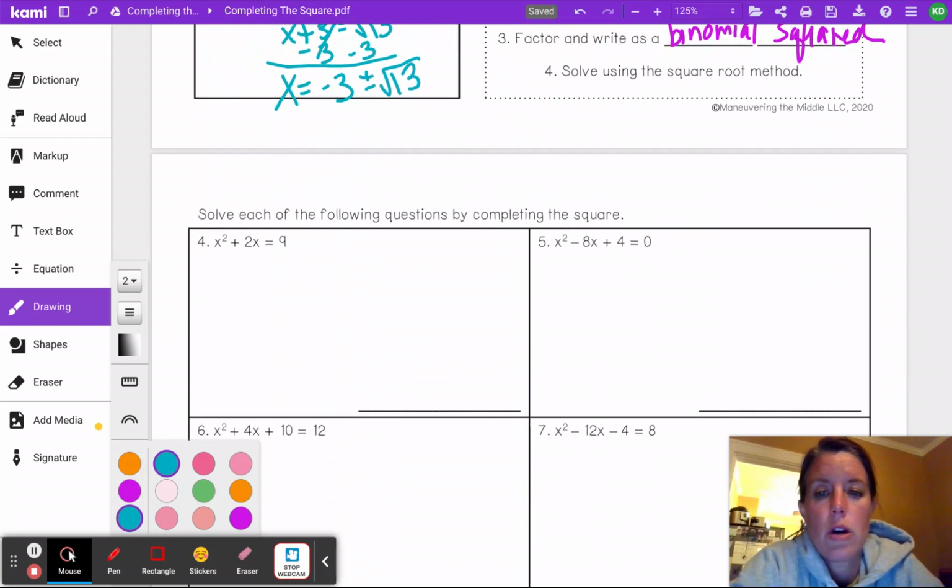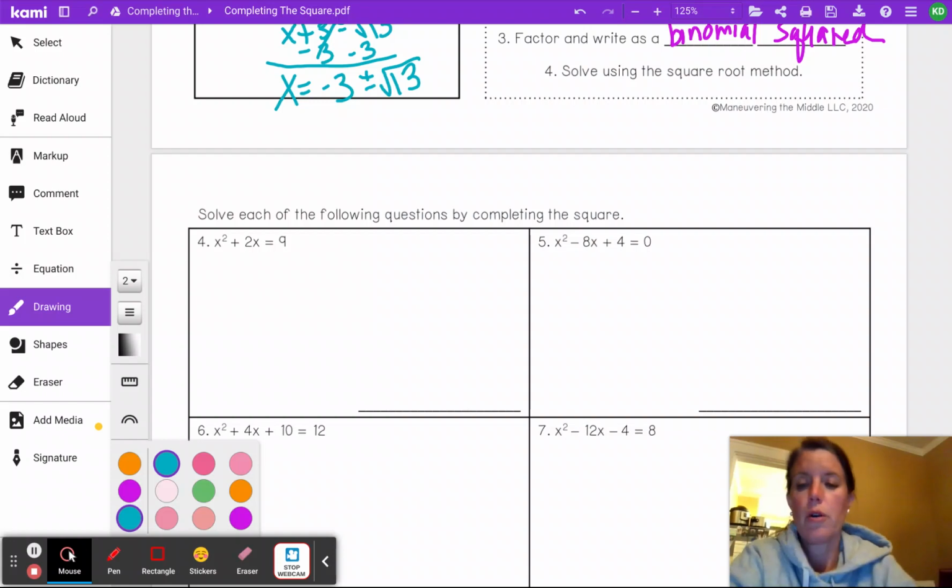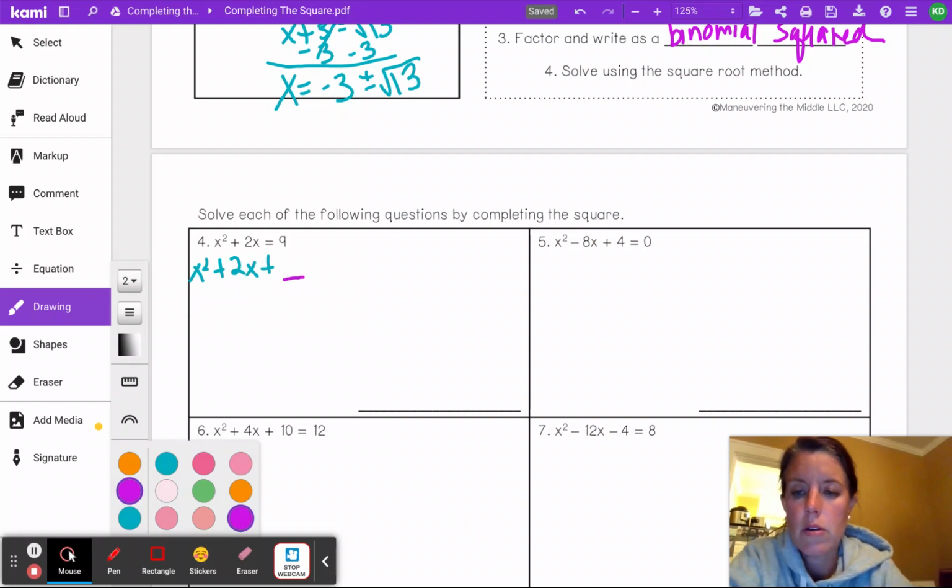All right, so we're going to do the same thing with all these. You can't factor any of these, so we have to complete the square for all of them. So we're going to rewrite this as x squared plus 2x plus, leave my little line there, equals 9 plus, put my line there again.